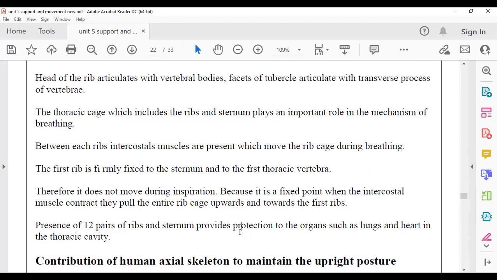Sir, yes sir, can you explain the last 3 lines?